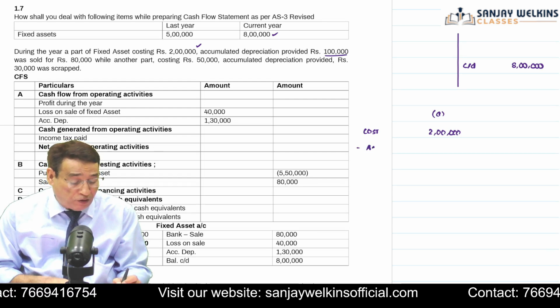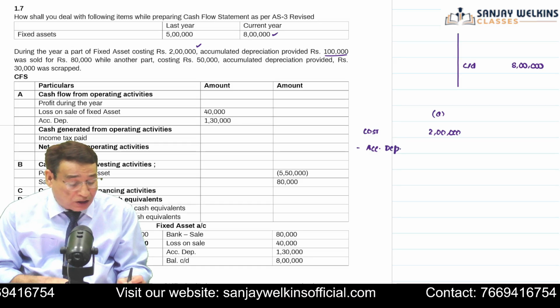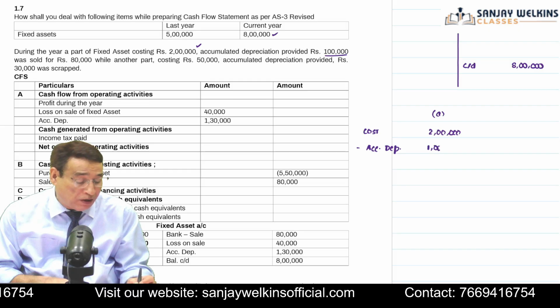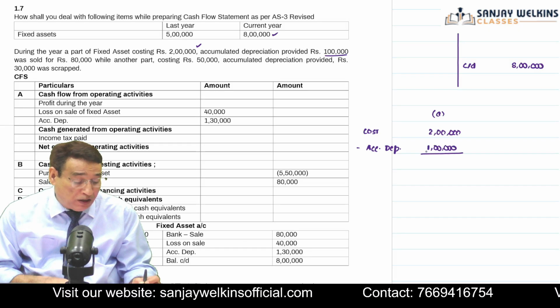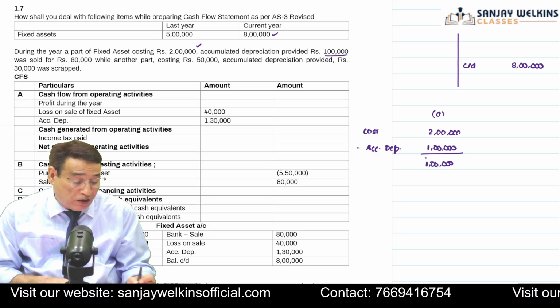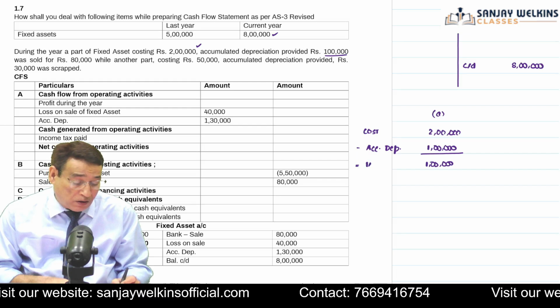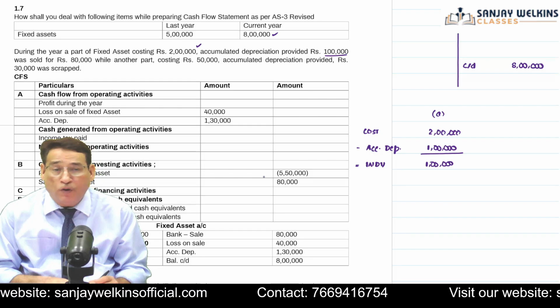We have already provided depreciation to the extent of 1 lakh on this property, plant and equipment. So cost is 2 lakh and accumulated depreciation is 1 lakh. Quite obviously, the written down value or book value of this asset is 1 lakh.